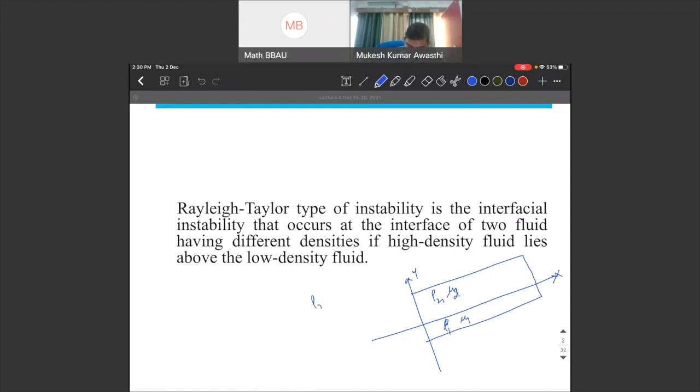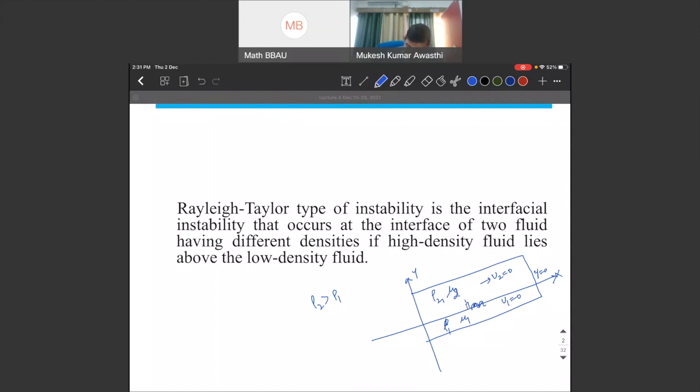So definitely rho 2 is greater than rho 1, and velocity in both the fluid phases, u2 and u1, will be 0 in the basic state, or you can say in the equilibrium state. In the equilibrium state, this interface will be at y equal to 0, and if we perturb this one, the perturbation waves will go like this, and this height will be represented by eta.